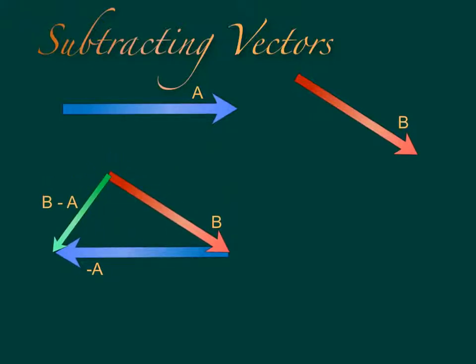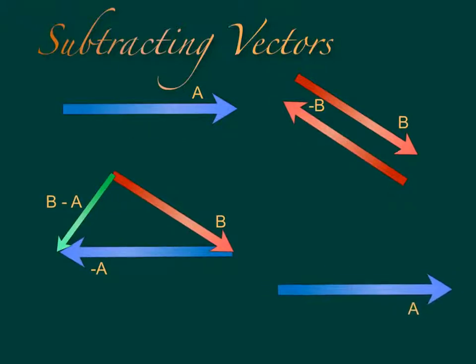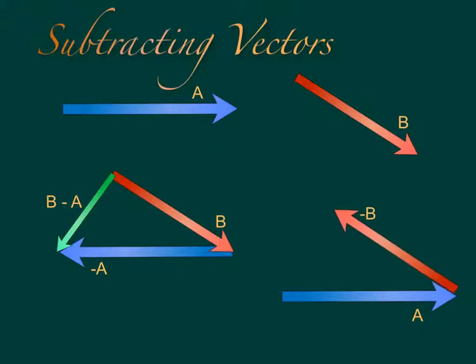Let's put that over there and take them again and do it the other way round and have A and the negative of B. So we need a reverse value of B. We need a vector that has the same size, only has reverse direction. And then we want to draw that out as the value of A and then the negative of B added to that. And that will give us the equivalent of A minus B.